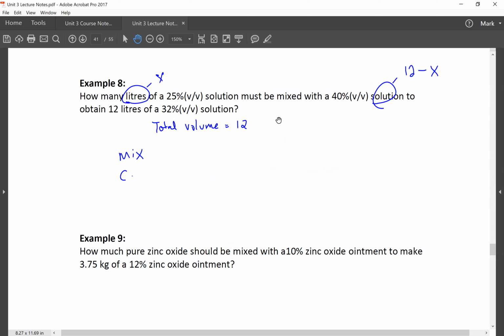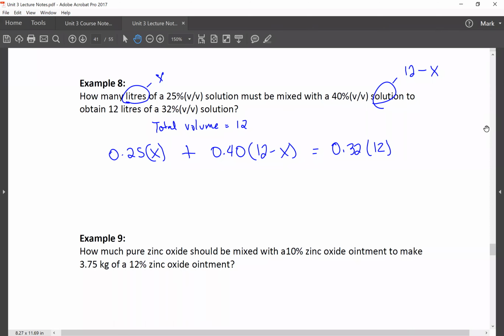My first mixture, my 25% solution, is 0.25 times X. I'm going to add that to my second solution, which is 0.40 times, not X, but 12 minus X. And that's going to equal my total solution of 0.32 times 12. And now I'm just going to solve for X.